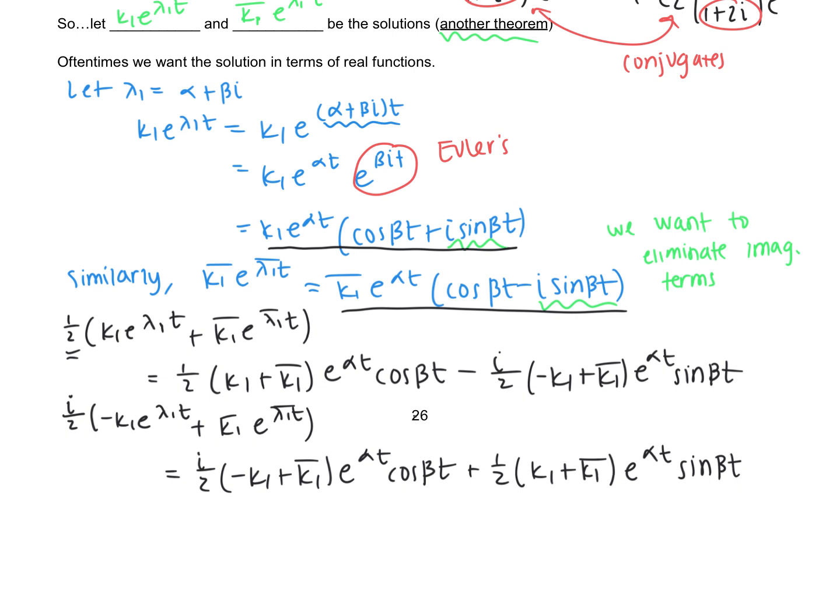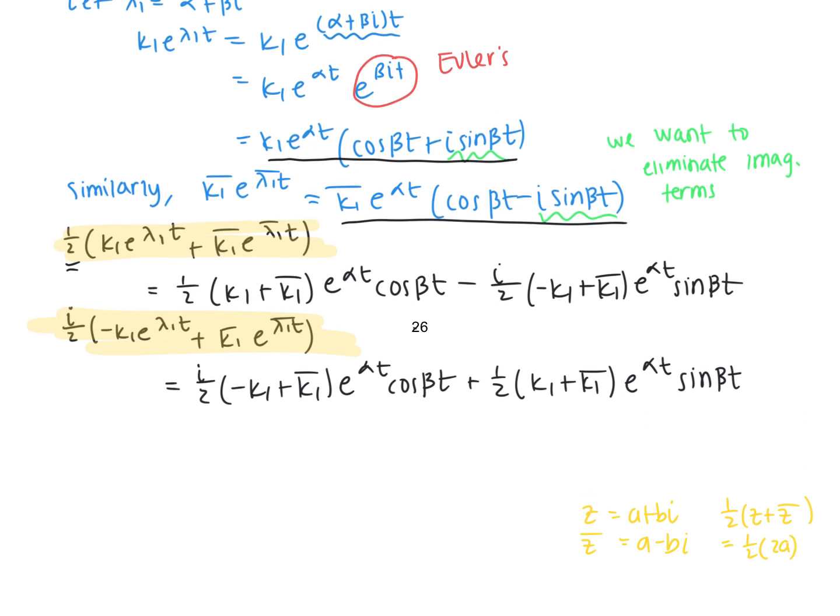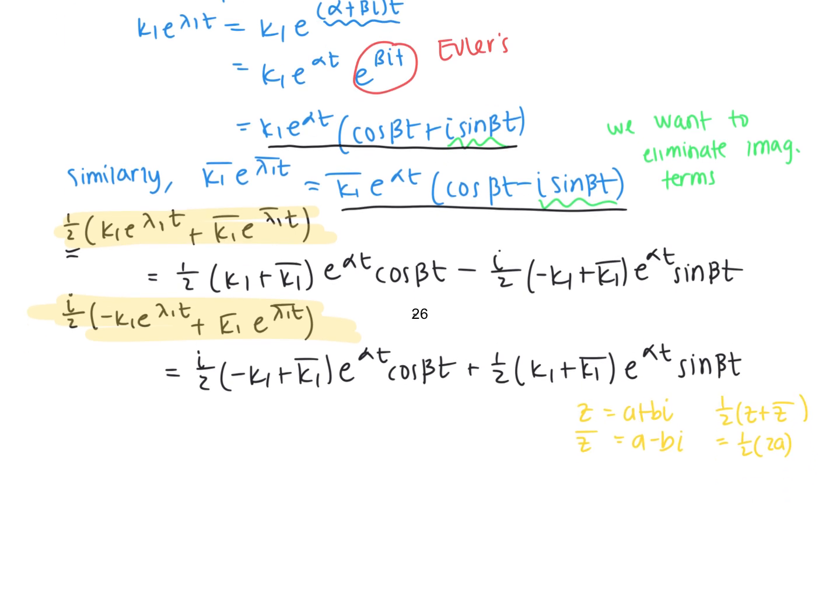Where has this led us to? One question you probably have is why I chose these. So let's take a look to the side of why I would do that. If I have z is equal to a add bi, and then I have the conjugate of z, which is a subtract bi, notice that if I do 1/2 z add its conjugate, I'm going to get 1/2 times 2a, which is just a.